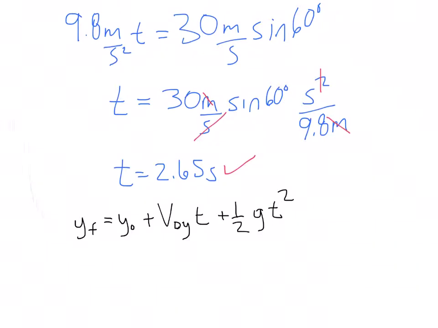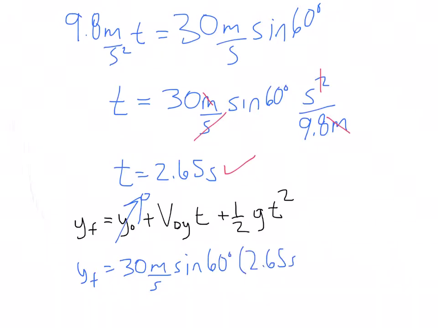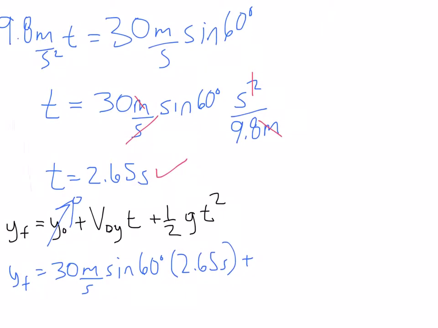So the initial displacement's 0, so we're left with y final is equal to 30 meters per second sine 60 degrees times 2.65 seconds plus 1/2, and that's a minus 9.8 meters per second squared times 2.65 seconds squared.